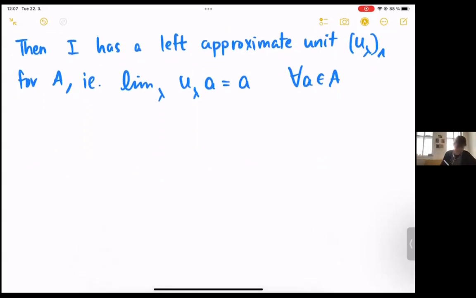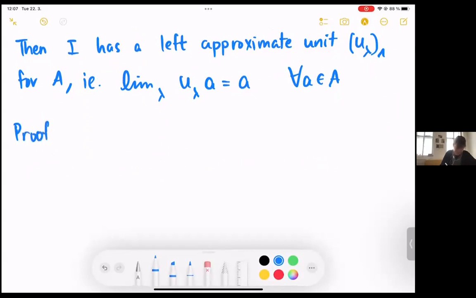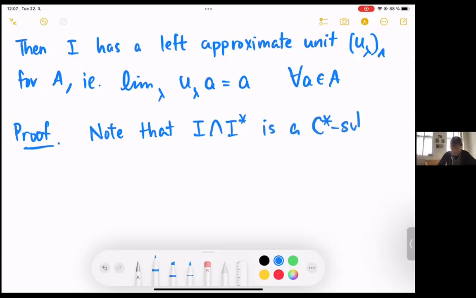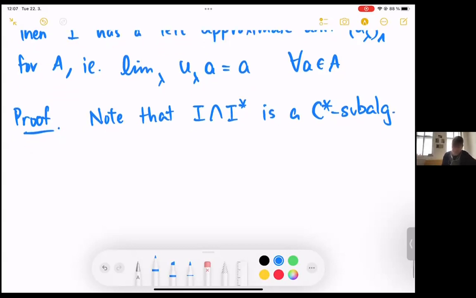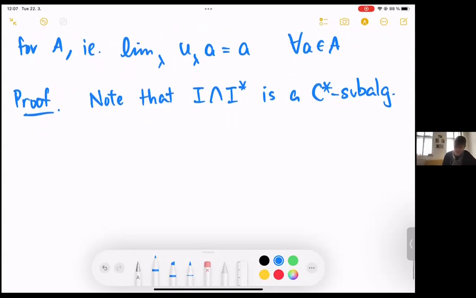So let's see this. First thing to note is that if we take I and intersect it with I star, then this is going to be a C-star subalgebra. That's not so difficult to check. This is self-adjoint, and of course, I is assumed to be closed and also closed under multiplication and addition.